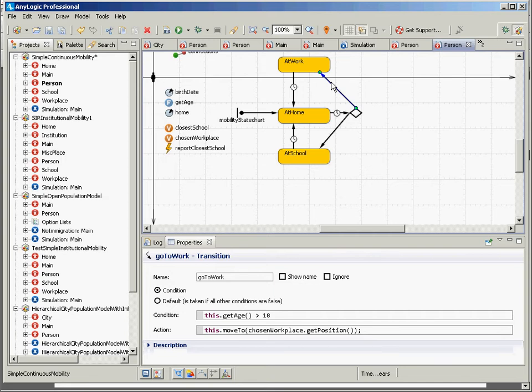So you could actually write something that wouldn't be terribly sensible, like you go to that one if age is greater than 18, and you go to this other one if age is greater than 15, and it leaves open the question: if you're 30, which one do you go to?